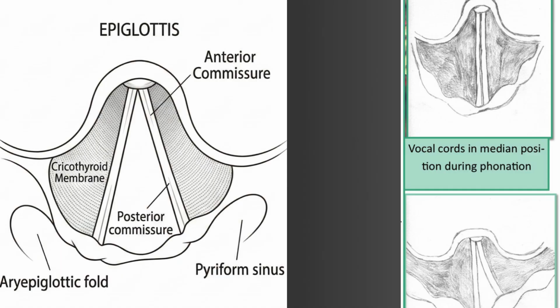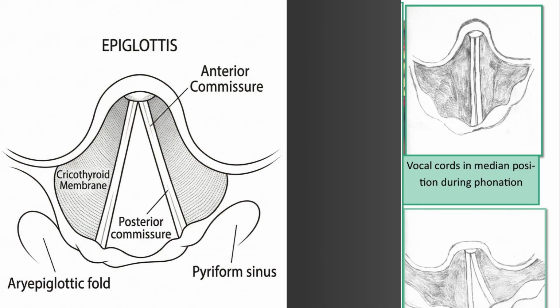These extrinsic muscles stabilize the larynx during weightlifting, and the suprahyoid and infrahyoid groups of muscles, the suprahyoids elevate and infrahyoid muscles depress the larynx during swallowing.